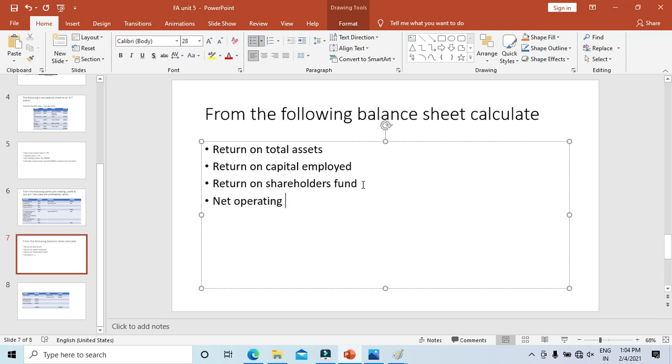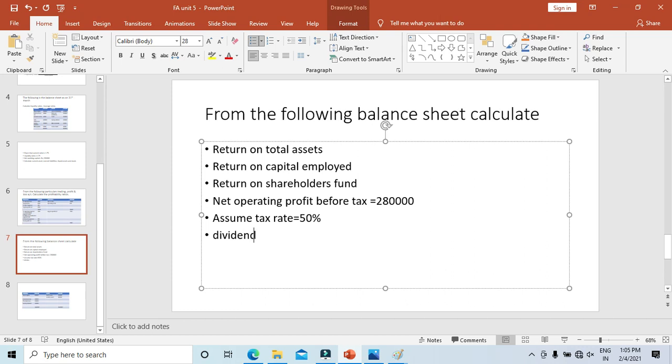So altogether it is 13,60,000. So here also 13,60,000 in the denominator.